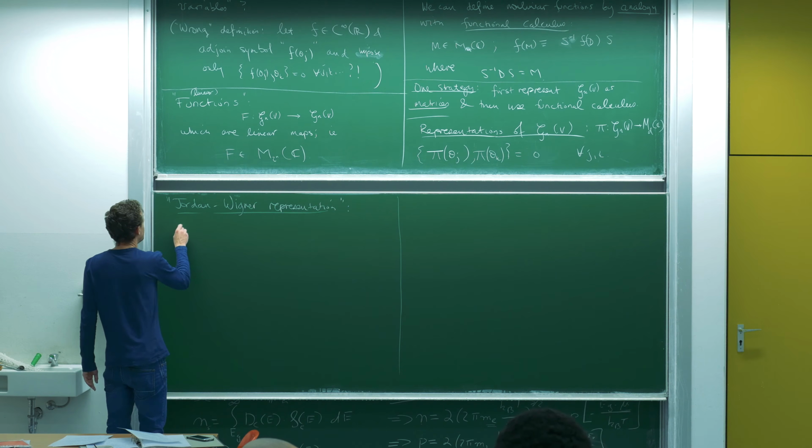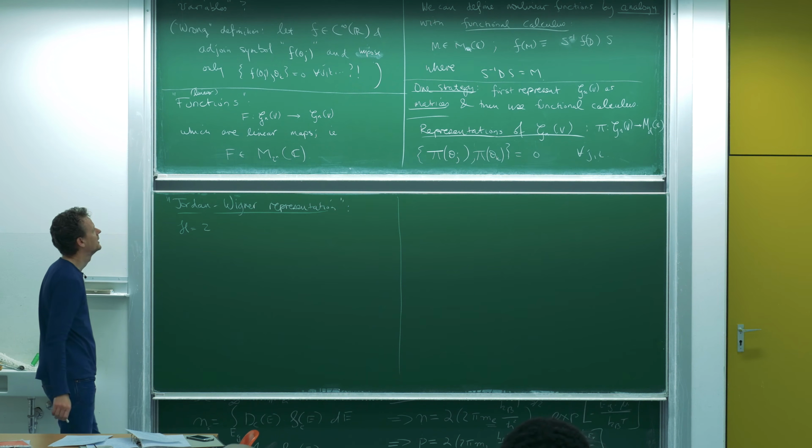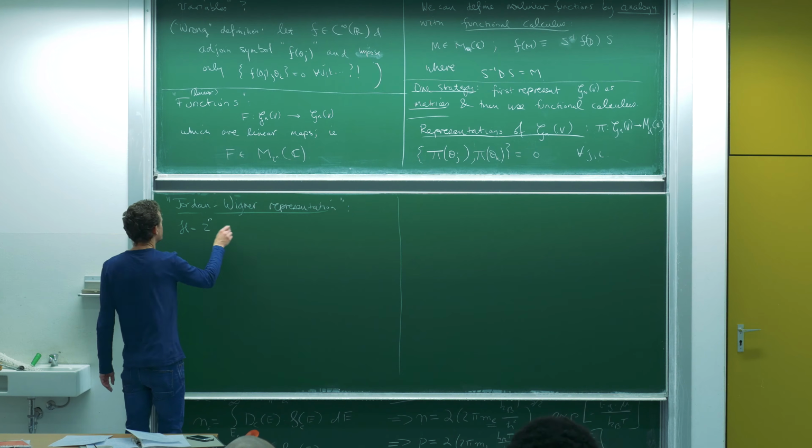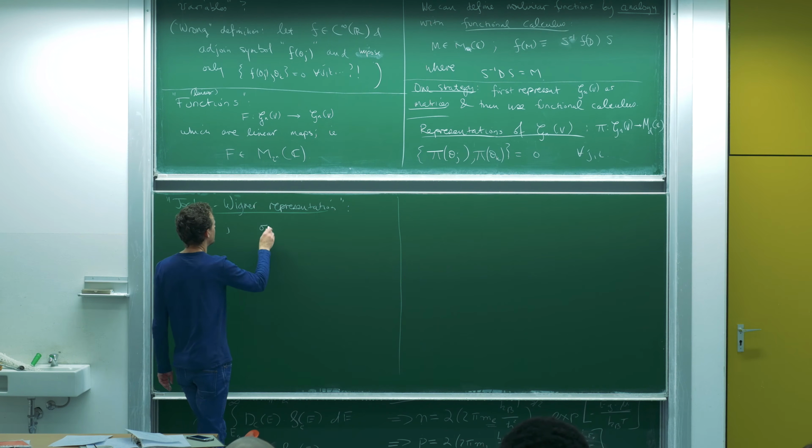So you have something in mind. So we start with a Hilbert space. H is 2 to the, what are we going to need? I guess 2 to the n. And we have these Pauli operators. We're only going to need 2 Pauli operators.